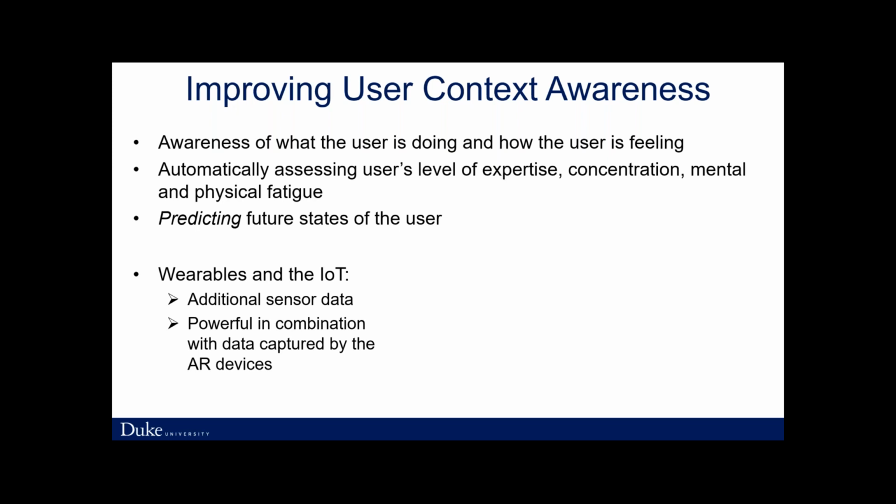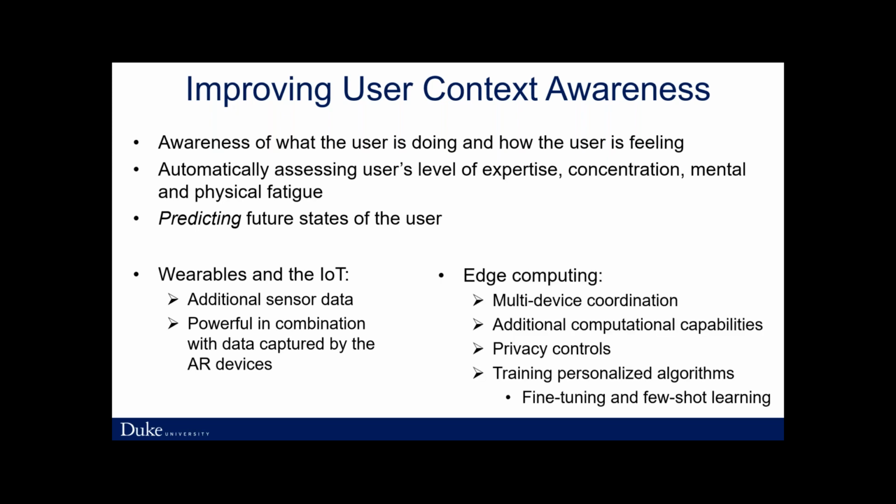And being able to get this data and combine it will doubtlessly result in providing user context awareness that's much more reliable than what can be accomplished with AR devices alone. And in this case, edge computing is also important for multi-device coordination and for providing additional computational capabilities, as is the case for environmental awareness. But it also has many other uses.